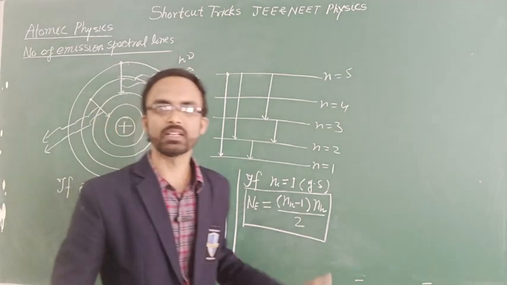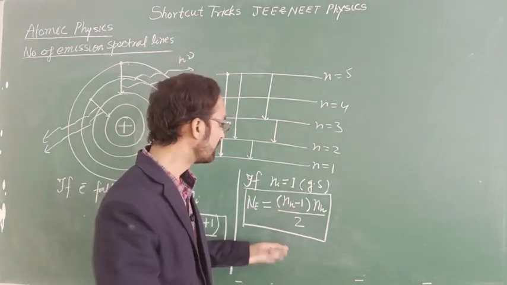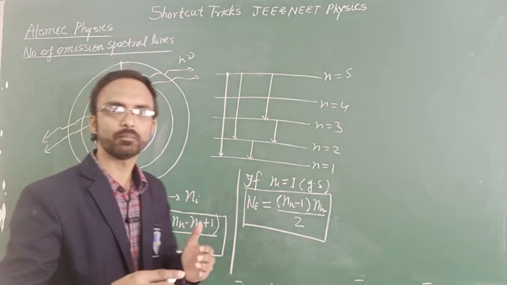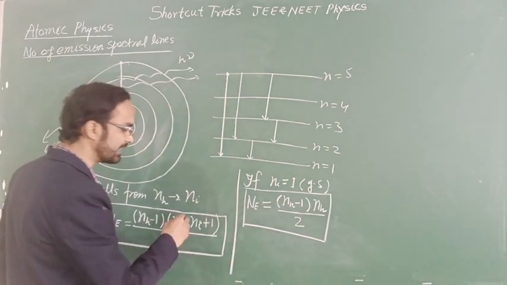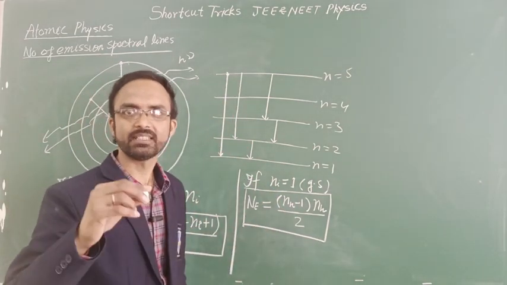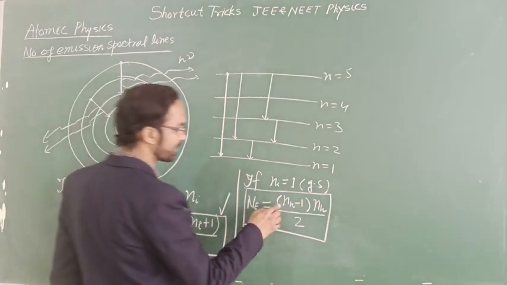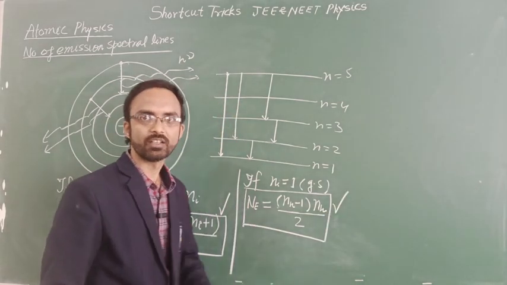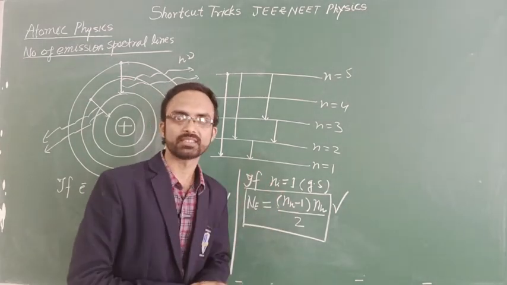So this is the formula if electron falls from any higher state to ground state, and the other is the formula if electron falls from any higher state to any lower state, that is not necessarily the ground state. In that condition we will apply this formula, and if electron comes to the ground state, then we will apply this formula. Okay, now let's solve some problems related to this concept.